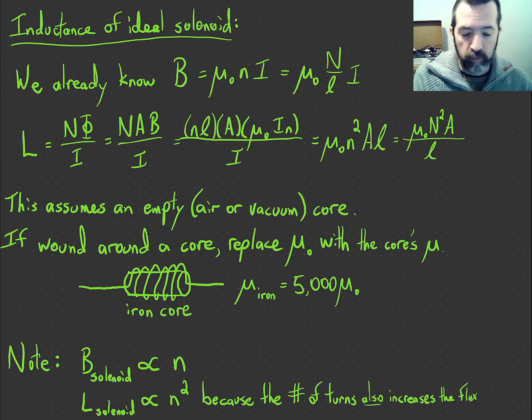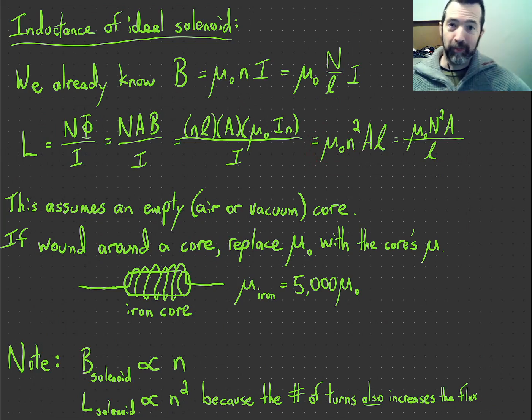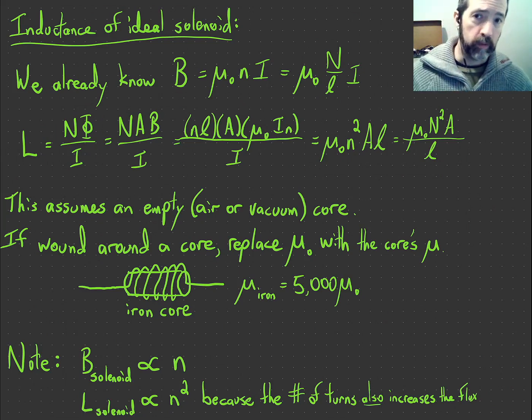I have also assumed that there is nothing inside the coil, because this quantity, mu naught, that's the magnetic permeability of free space, which means it applies for vacuum. It basically also applies for air, just like that quantity epsilon naught that we had in previous chapters applies to vacuum or air. But if you have matter there, then you would use the epsilon value for that substance. Same thing with magnetism.